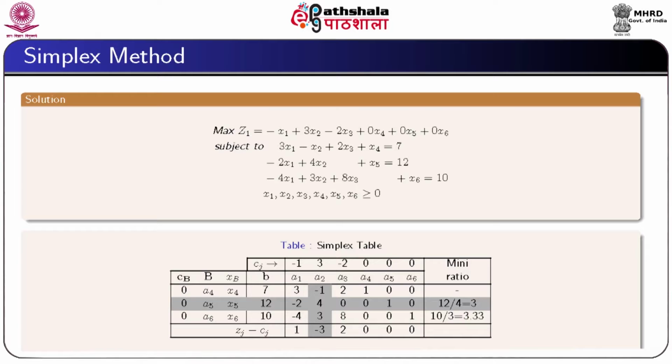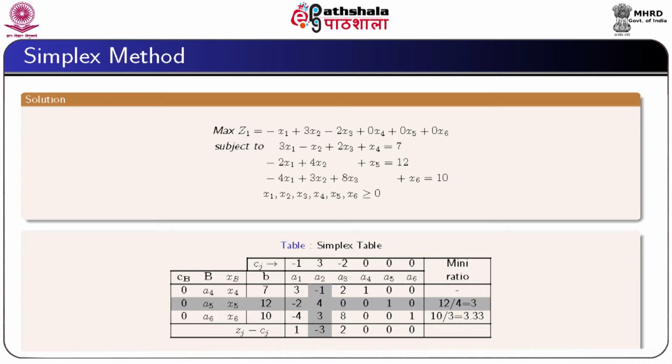Now, if I put this problem into the simplex table, then we see that the vectors A4, A5 and A6 form a basis because A4, A5 and A6 are linearly independent. So, in the basis we have A4, A5 and A6, and the corresponding variables are x4, x5 and x6, and the cost components for the basic variables are all zeros.